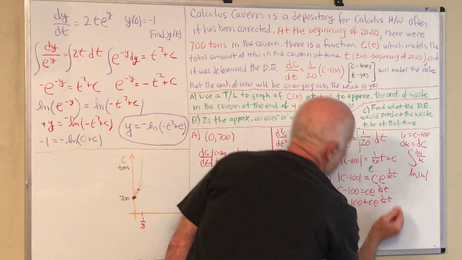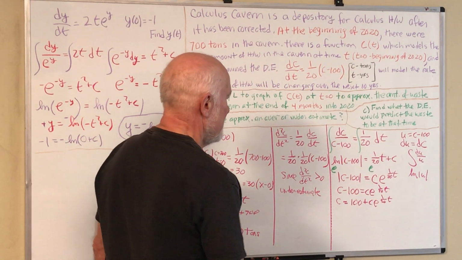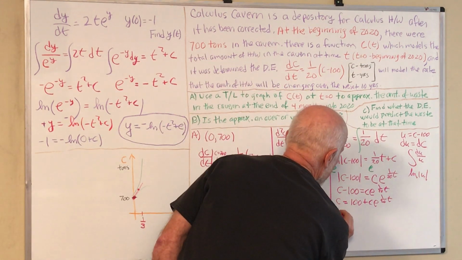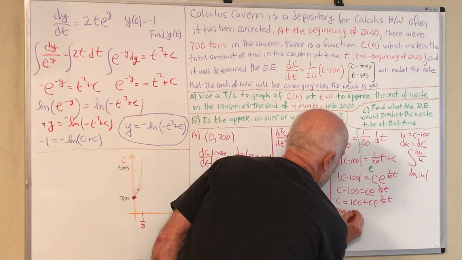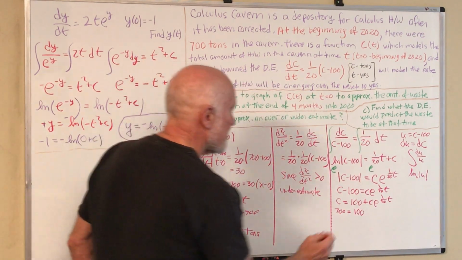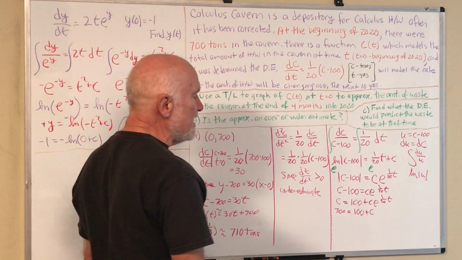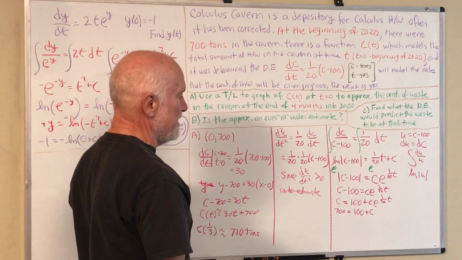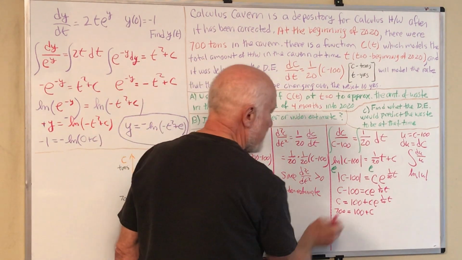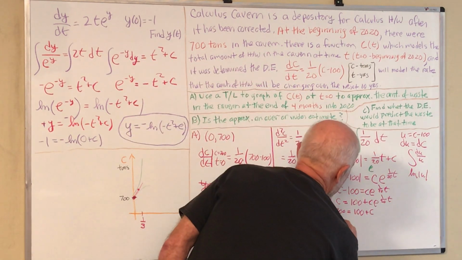And now I can put in my initial condition that 700 equals 100 plus c e to the 0. And e to the 0 is just 1. Because at time 0 there was 700 tons. So c is equal to 600.